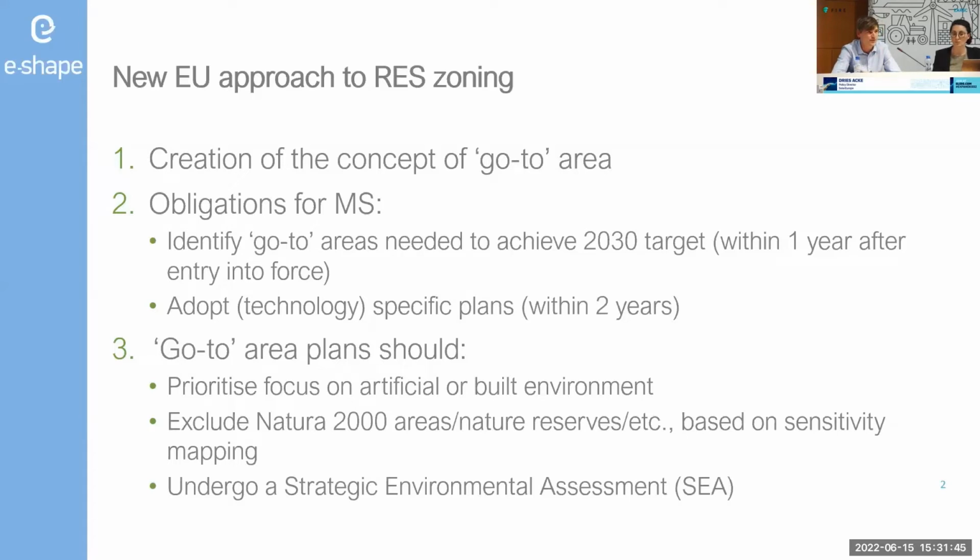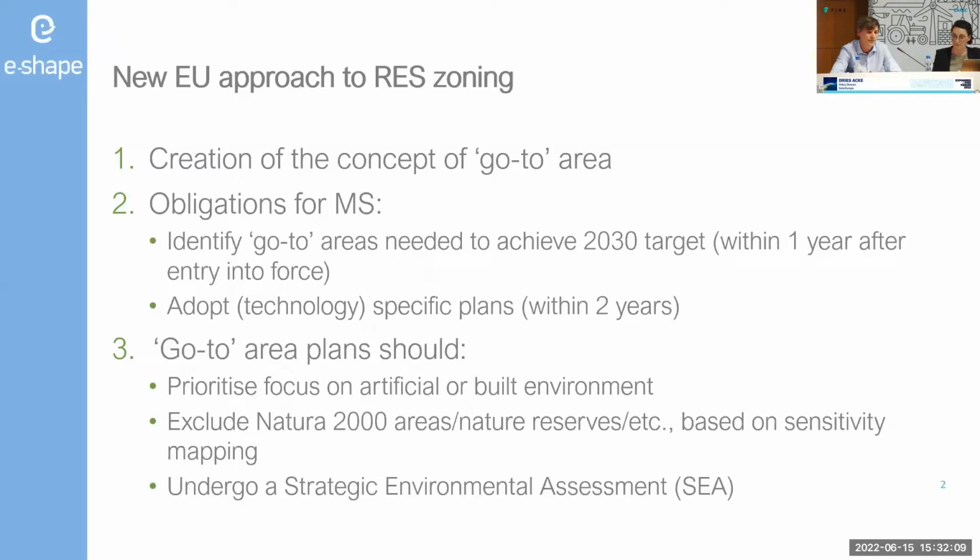So what has the European Commission done? They've proposed a plan, the REPowerEU plan, and they've recognized that the spatial impact of the scale of solar and wind is indeed an important thing to handle. So it has suggested a new approach around zoning, renewables zoning, creating the concept of go-to areas.